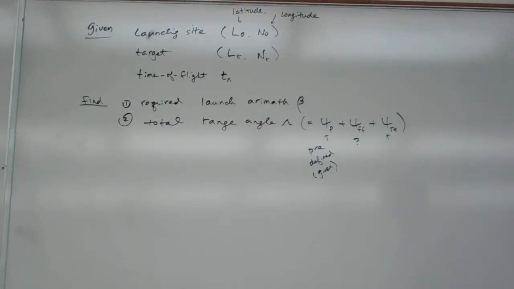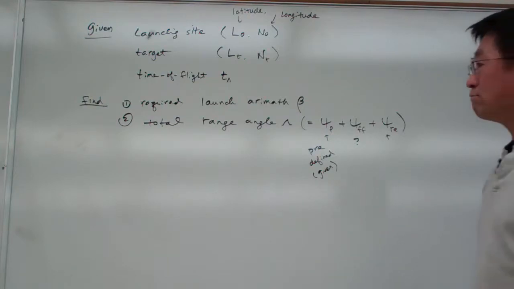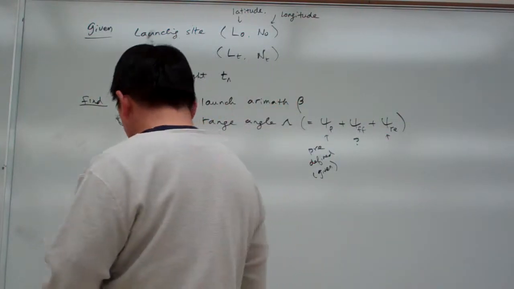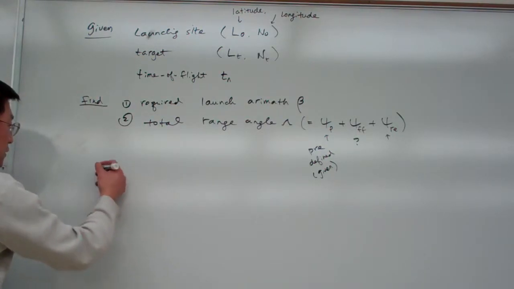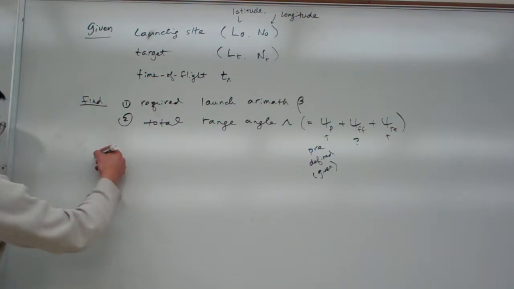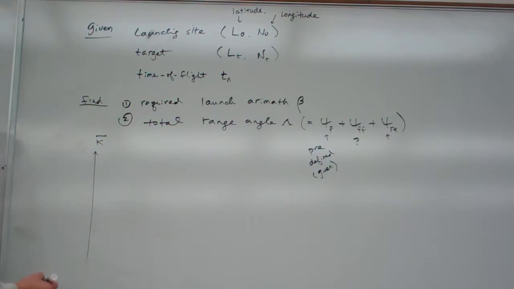So for this case, how to state our problem? Let me make one. I'm going to draw the locations of the launching site and target, and these coordinate systems. Here, this is our K. I'm going to draw the IJK coordinate systems.